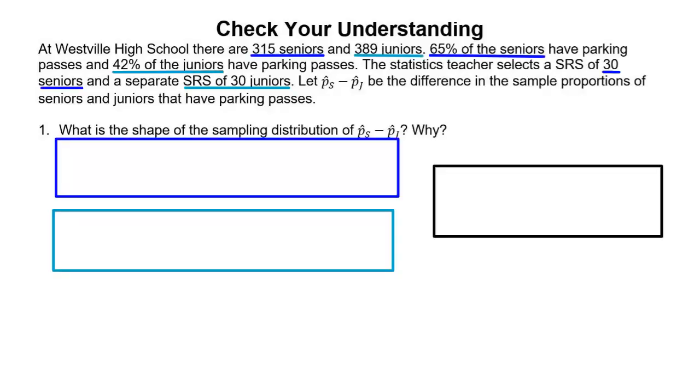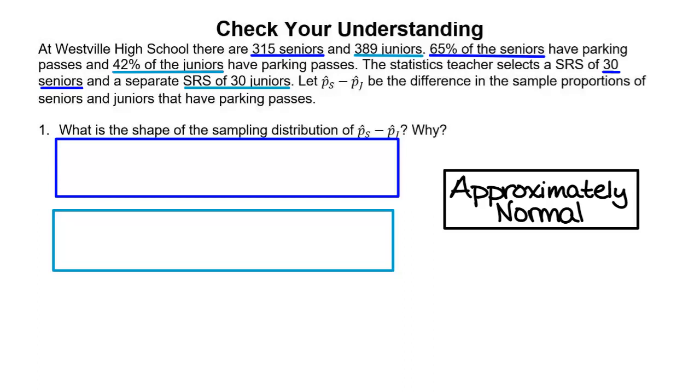What is the shape of the sampling distribution of p hat s minus p hat j? Approximately normal. Why? Because of large counts. So when we did n times p for the seniors, what did you get? What was our sample size? 30 is our sample size. That's n times p.